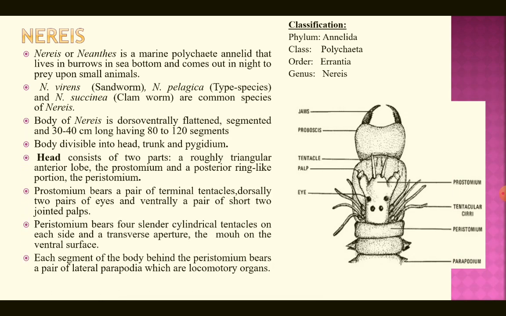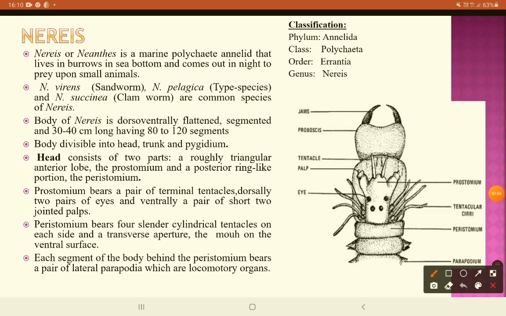Now the head consists of two parts, a roughly triangular anterior lobe, the prostomium, and a posterior ring-like portion, the peristomium. Here you have to look for the prostomium, which is a triangular body projection.